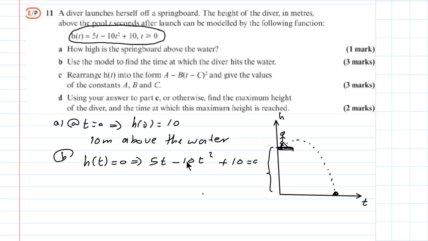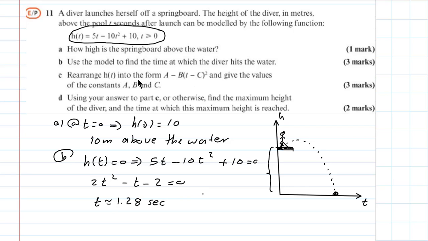We can divide it by negative 5 to be 2t squared minus t minus 2 equals 0. In this case, t will be approximately equal 1.28 seconds, and the negative solution will be cancelled because the time should be positive.